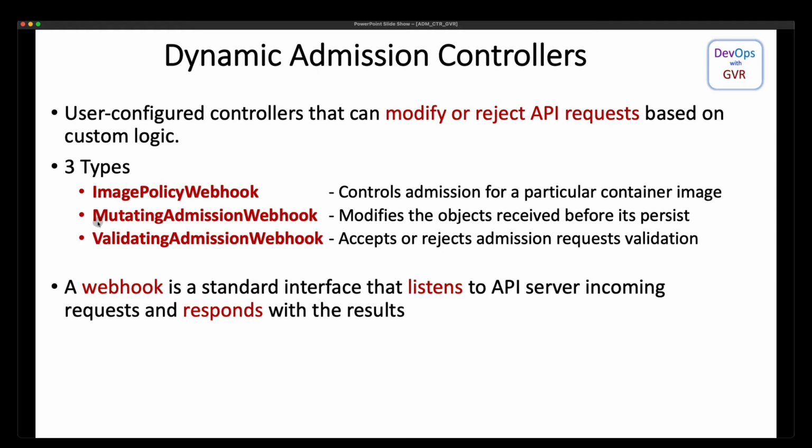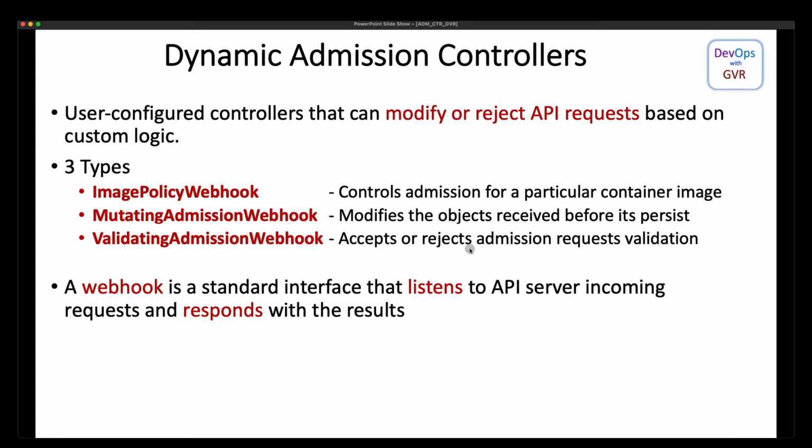Next one is the mutating admission webhook. It will modify the object that is received before persisting it into etcd. Then another one is the validating admission webhook, which accepts or rejects. Validation is like immigration, as I said in the example: the officer will stamp whether you are allowed into the country or rejected.